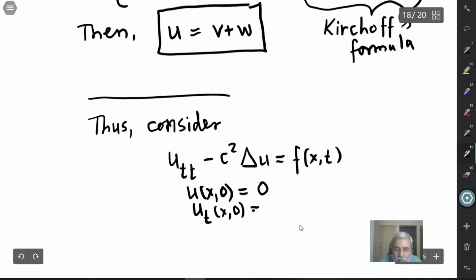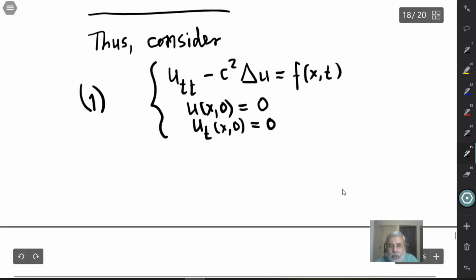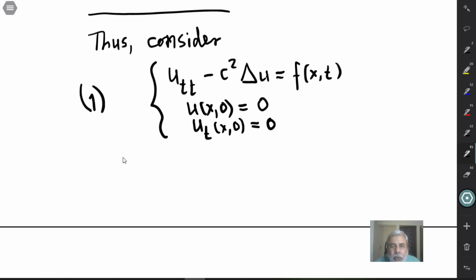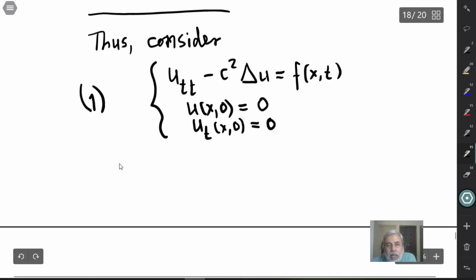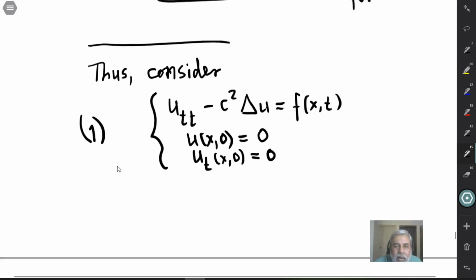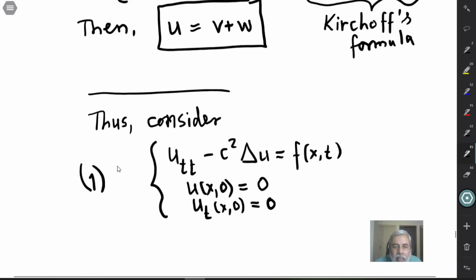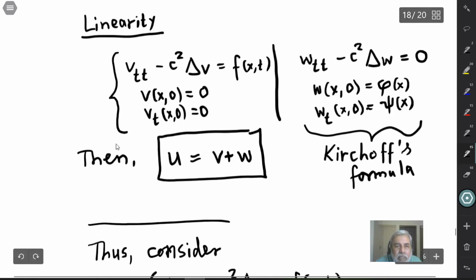Let's call this 1. And a solution of this IVP 1 is obtained by reducing it to an IVP with a homogeneous equation and some spatial initial data. And that's what is referred to as Duhamel's principle.